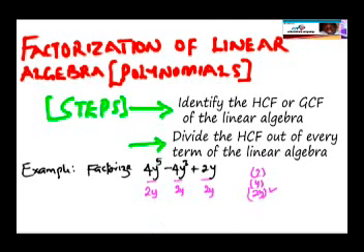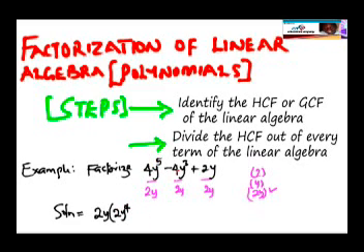So we are going to do this quickly. Our solution here becomes: what I was able to identify and factor out is 2y. So I have 2y. If 2y goes into 4y raised to power 5, what will be left? You have 2y raised to power 4.